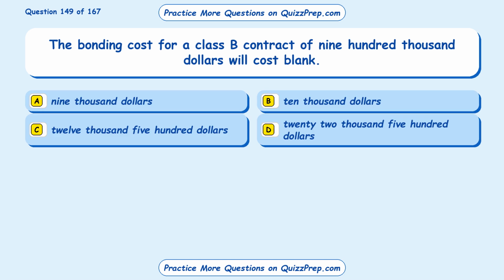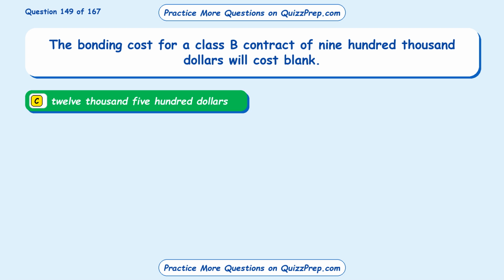Question 149. The bonding cost for a Class B contract of $900,000 will cost blank. Option A, $9,000. Option B, $10,000. Option C, $12,500. Option D, $22,500. The correct answer is option C, $12,500.